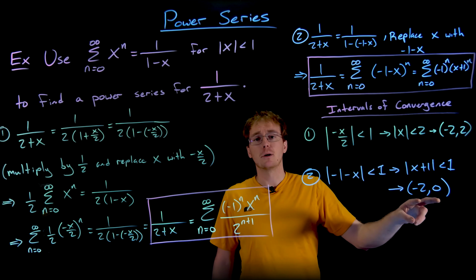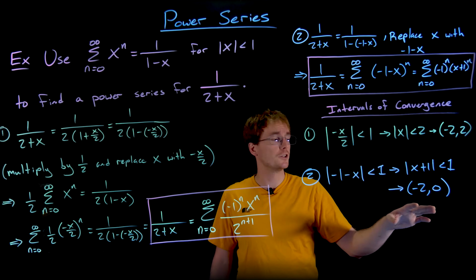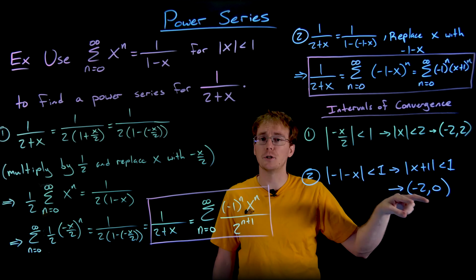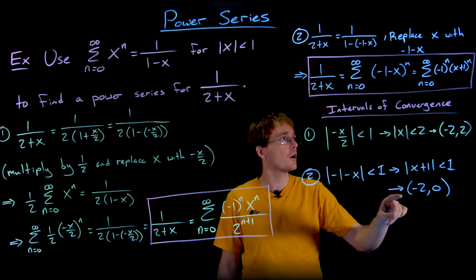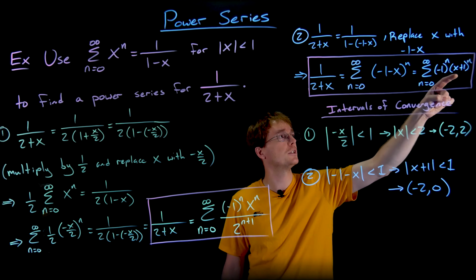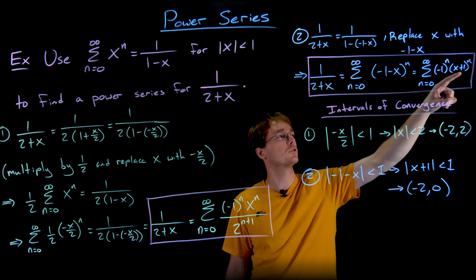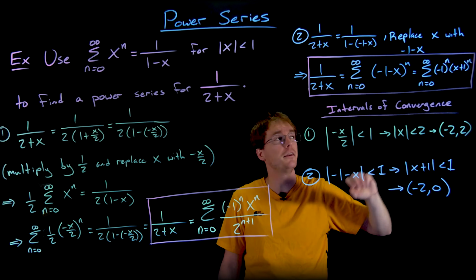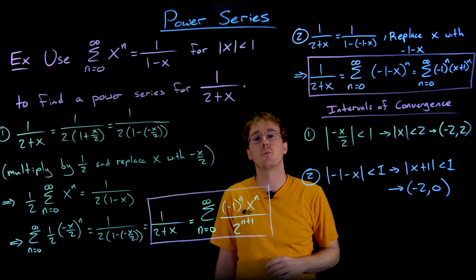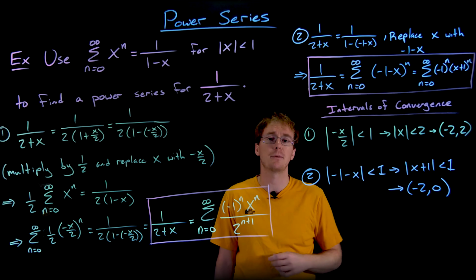And we could very quickly test the endpoints if we wanted to see that the endpoints are also still not going to be included in the interval of convergence. I'm not going to write that work down, but I'll talk about it. If we plug -2 into our power series, this piece will become -2 plus 1, or -1 to the power of n. That'll combine with our other -1 to the power of n to just become 1 to the power of n.